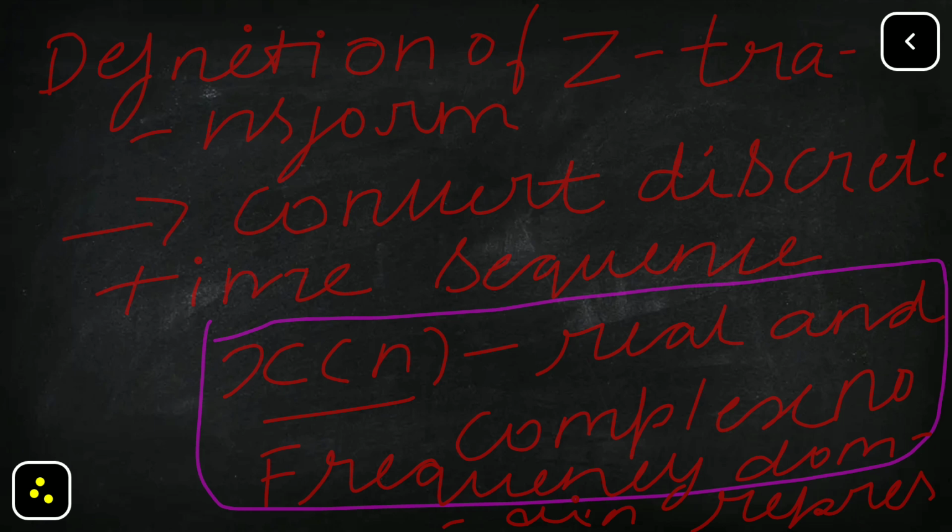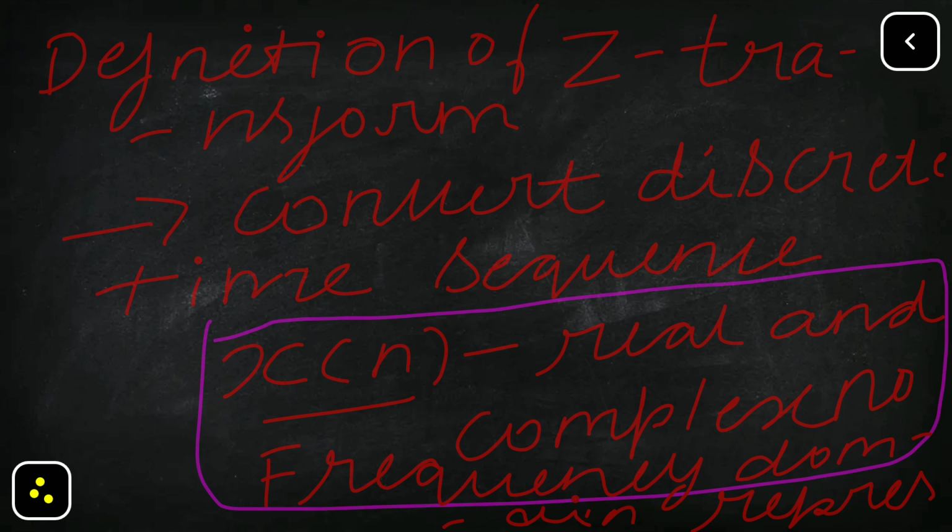Why we have to apply it to a wider range of signals is because in the case of the discrete time Fourier transform, many signals are present wherein the DTFT will not converge. For those signals, the Z transform will converge.